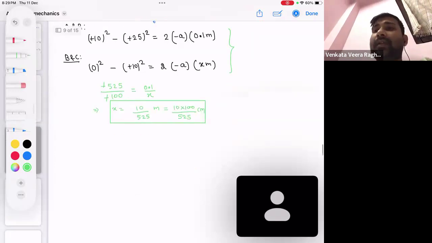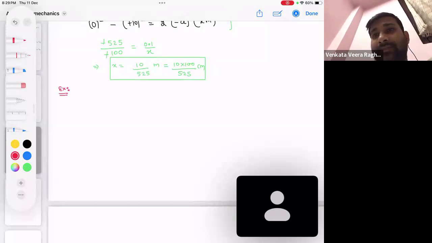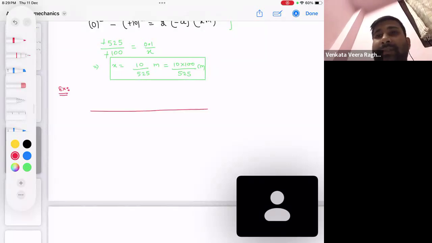Let me take an interesting question, because in this question, you will learn something. The question is something like this: a particle is starting with 10 meter per second.